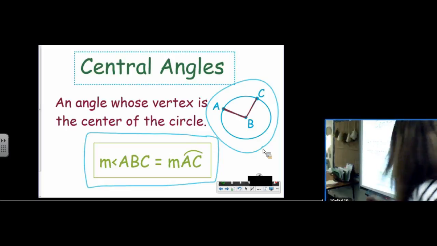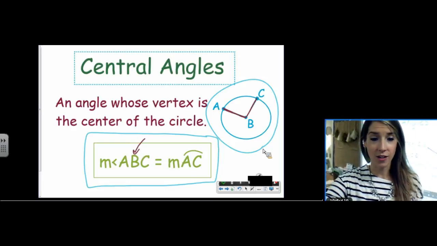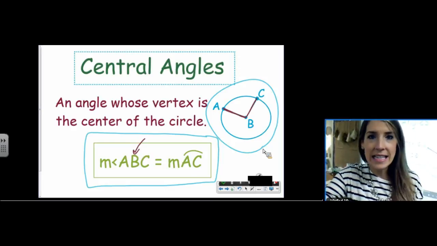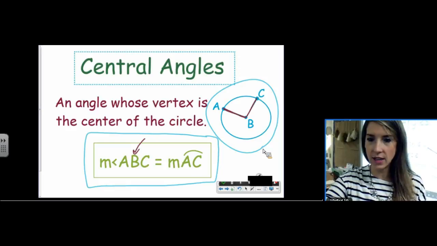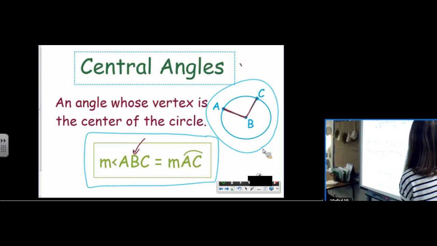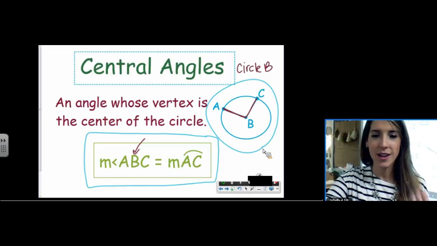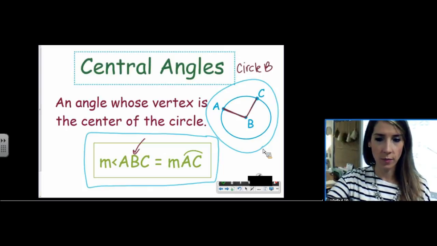Where is the vertex, always the middle letter? It is the center. So this circle is called circle B because B is the center. And when the vertex is the center, then we have a central angle.